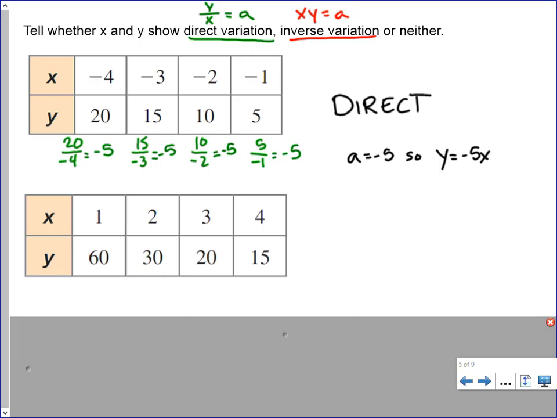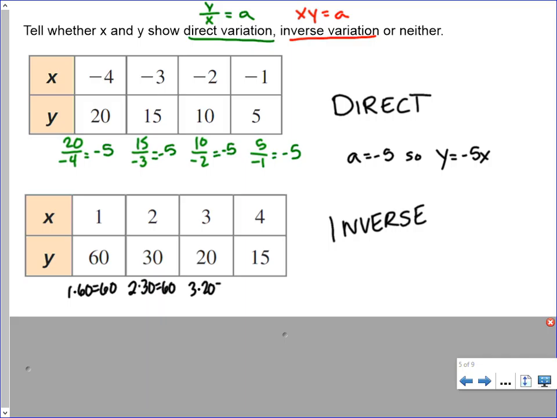Lauren, what'd you guys say? I was still trying to figure it out. Oh, you're still trying to figure it out. Sierra, what'd you guys say? We said inverse. And what's your guys' reasoning? We just plugged it in, so we did 1 times 60, and it equals 60, and then 2 times 30, and that equals 60, and then so on.